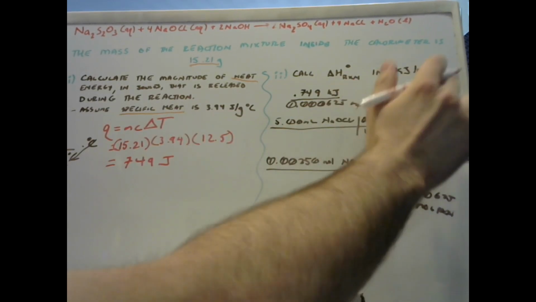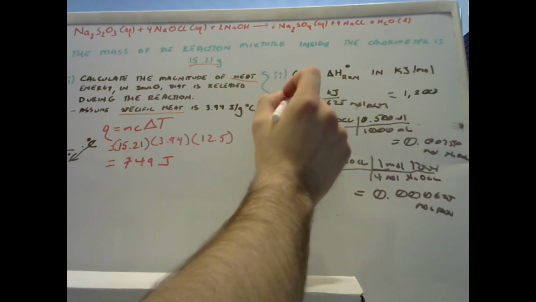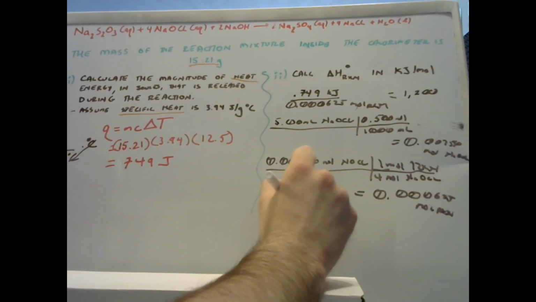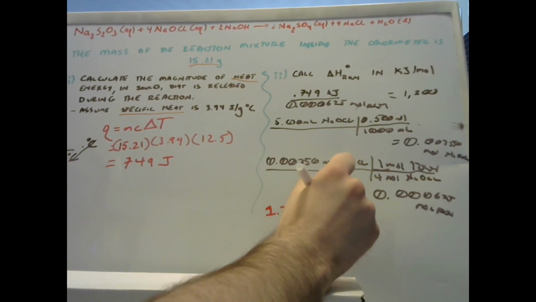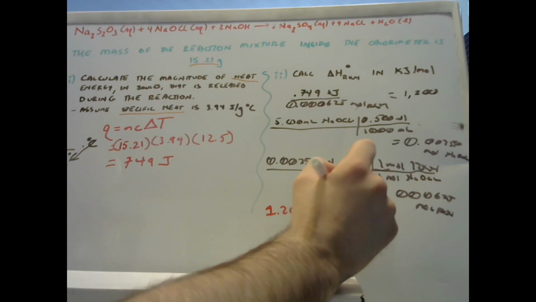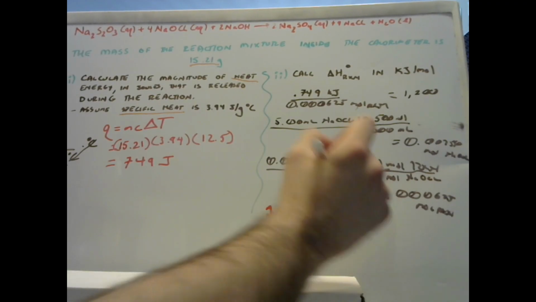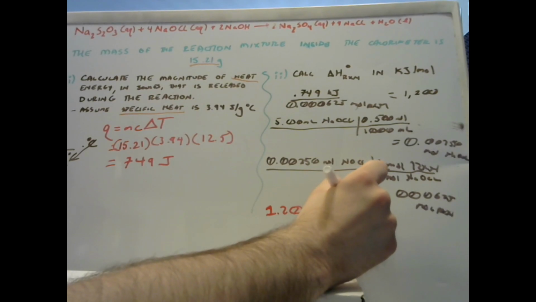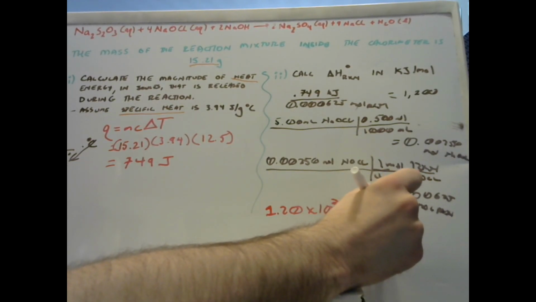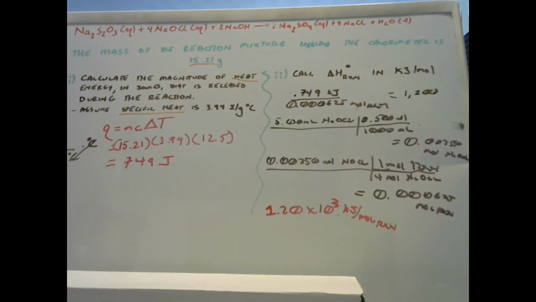We want to say in proper scientific notation with 1, 2, 3 sig figs is 1.20 times 10 to the third kilojoules per mole reaction. Now, here's the problem.